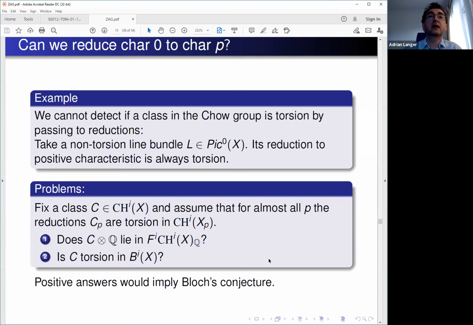So the question is the following: if we take a class in the codimension i Chow group and assume that for almost all the primes, the reductions of this class are torsion, then we can ask whether this class still lives in this lowest stratum of the Bloch-Beilinson filtration.